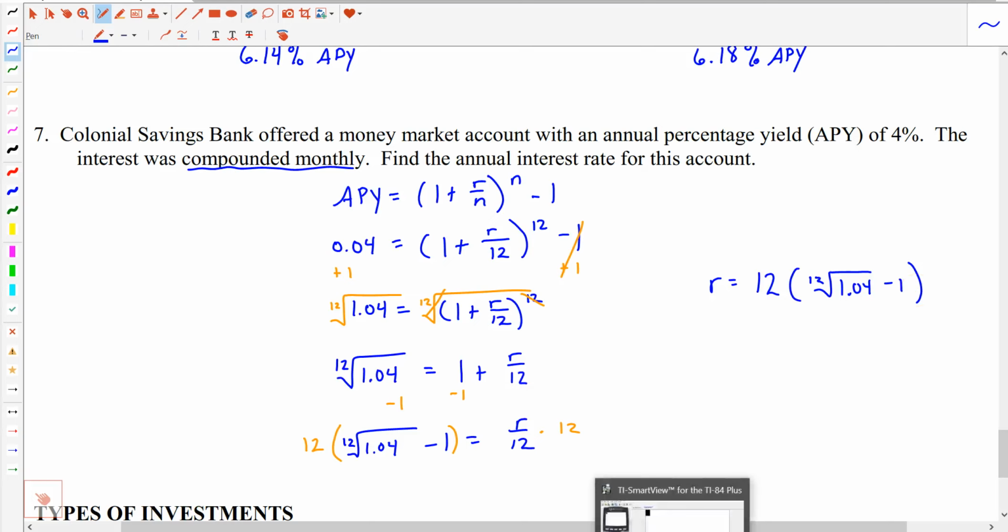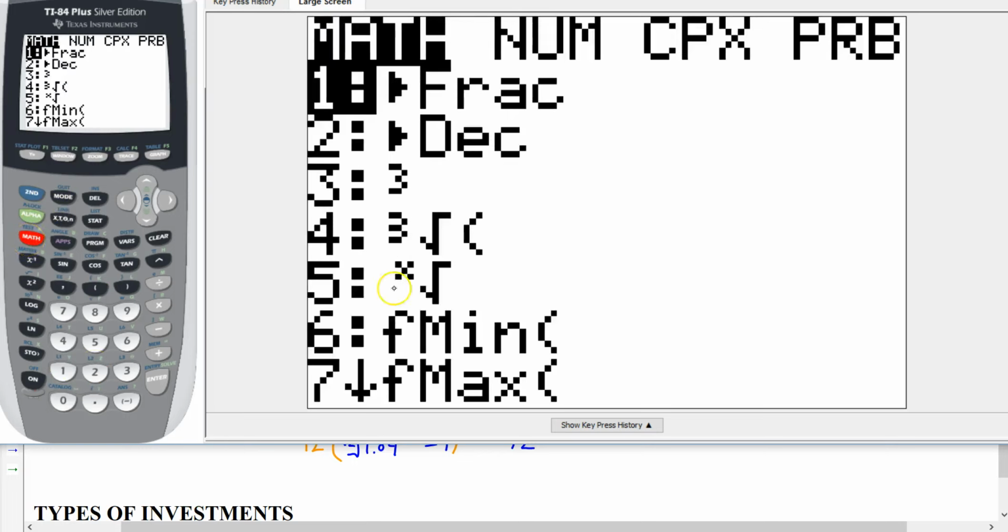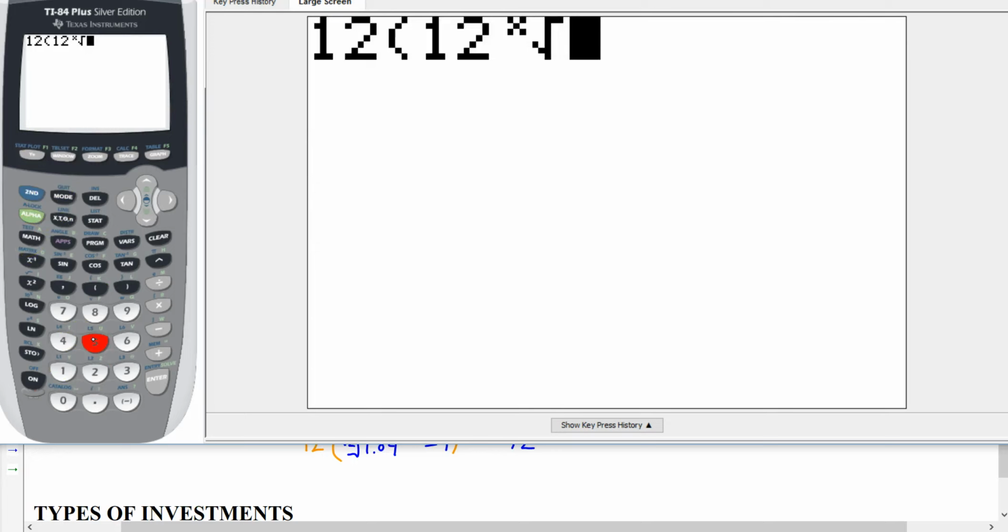Alright, so let's pull up the graphing calculator and key that in. I would want 12 and then parentheses. Now I want my index to also be 12, so I'm going to key that in again, and now I'm going to grab my general radical, which is in math, option 5, so I'm just going to hit the number 5 to grab it. Underneath this radical I want the number 1.04.